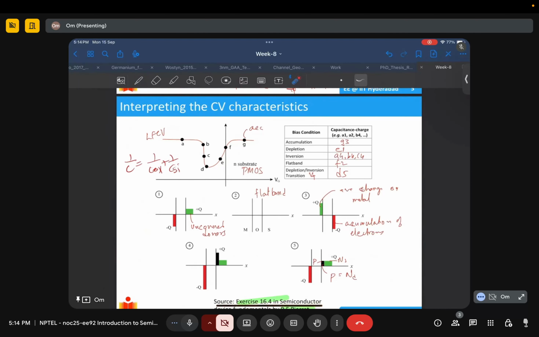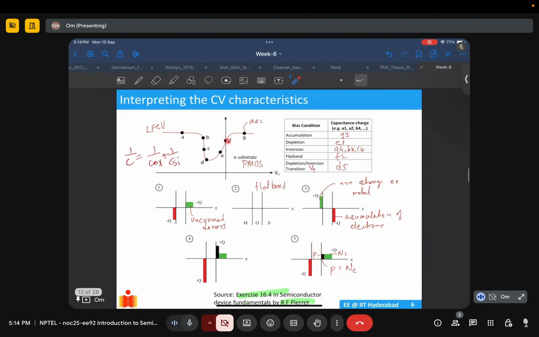In accumulation and in inversion, CSi is dQ by dV. This Q is exponentially proportional to Vg, right? So this CSi becomes very large. So this net series capacitance remains Cox.